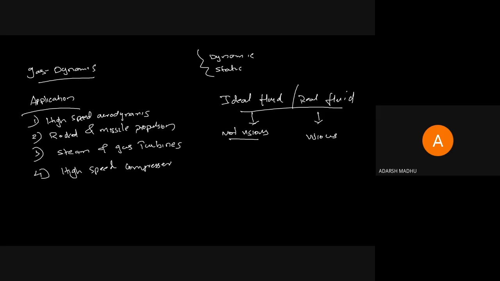So here we are studying the flow properties of compressible fluid, right? What is the difference between compressible fluid and incompressible fluid? There are two or three points referring to the difference between incompressible and compressible.